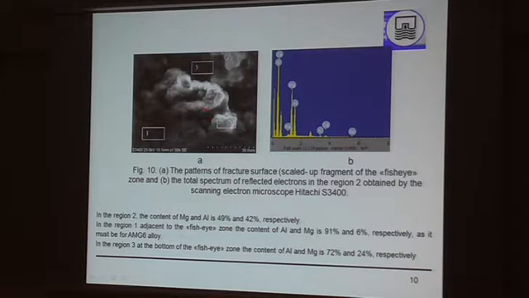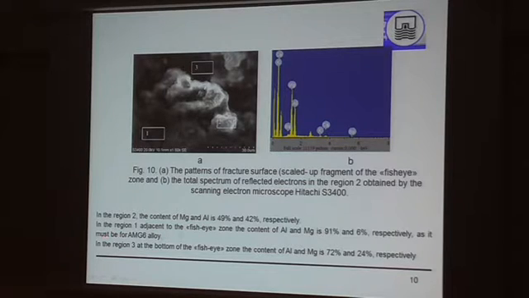In region 2, in the center of the fisheye zone, the content of magnesium is 49% and aluminium is 42%.